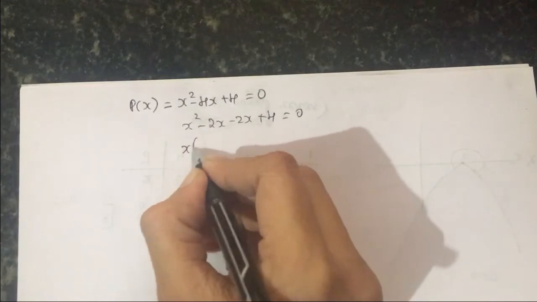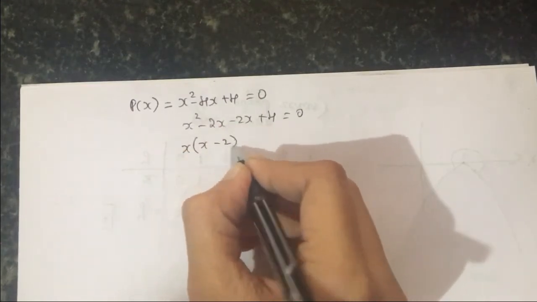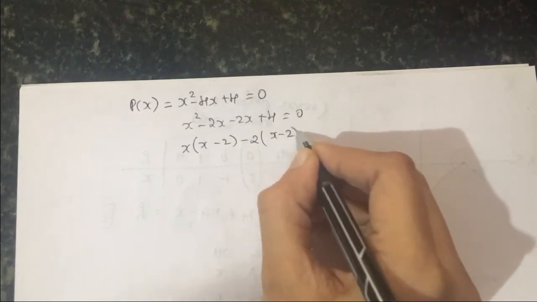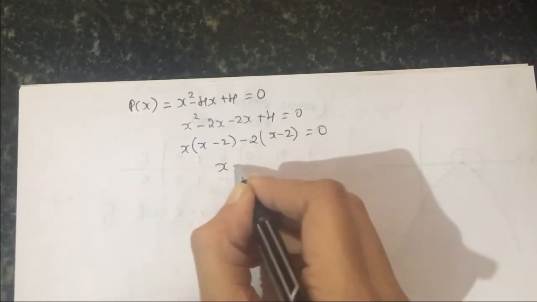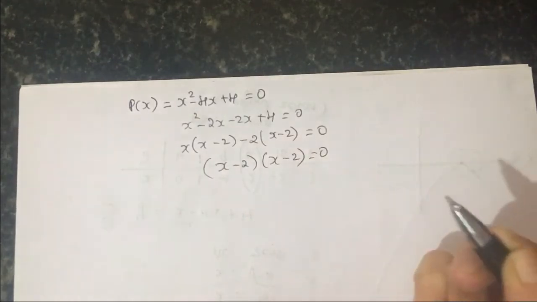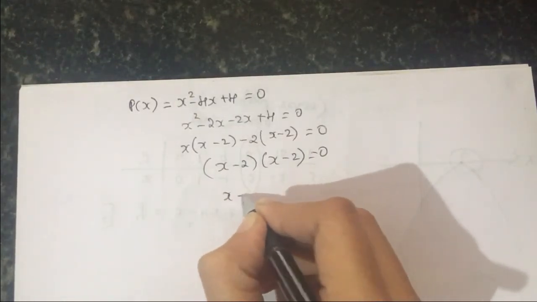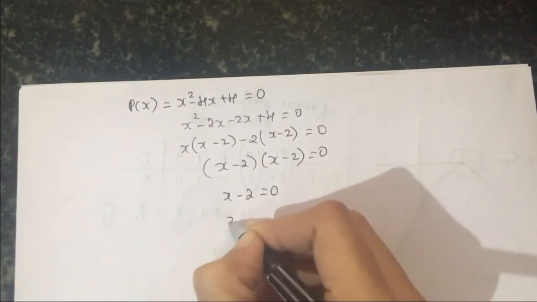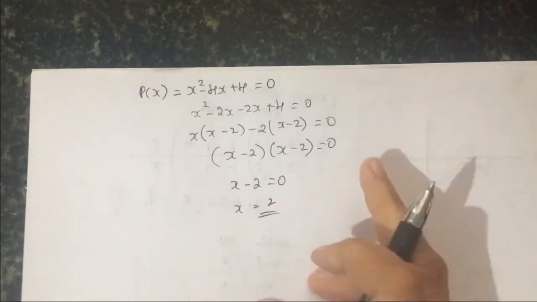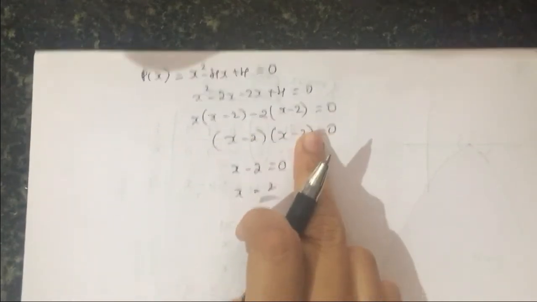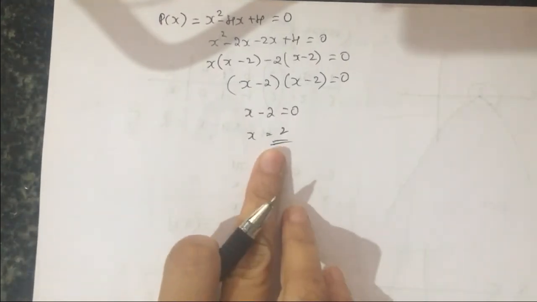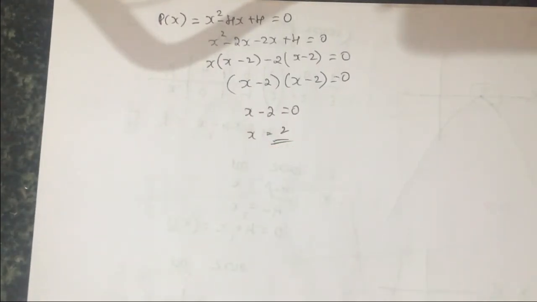Take x common, so that x minus 2. Here you can take minus 2 common, so that x minus 2 equated to 0. So x minus 2 into x minus 2 equated to 0. This is the same as writing x minus 2 equal to 0. x equal to 2 is the zero of the polynomial, and since it is occurring twice, you can say zeros of the polynomial are the same, that is x equal to 2.